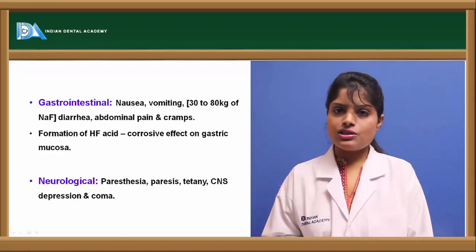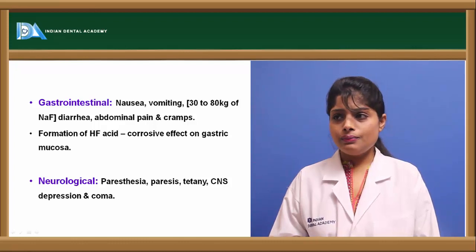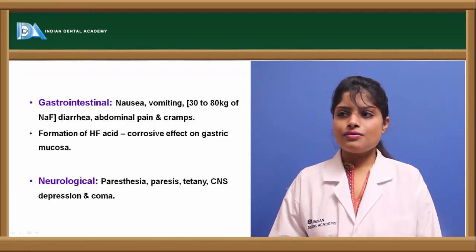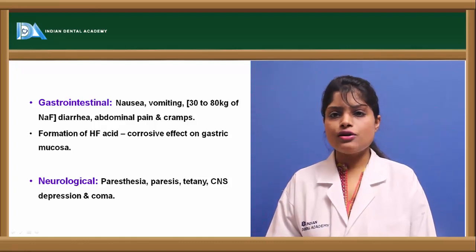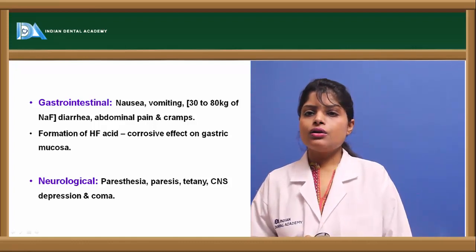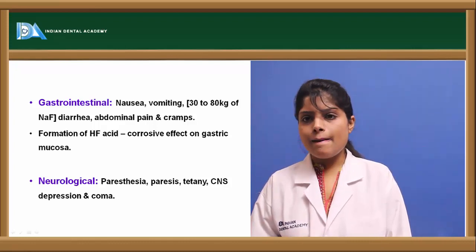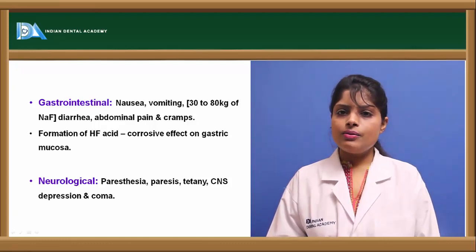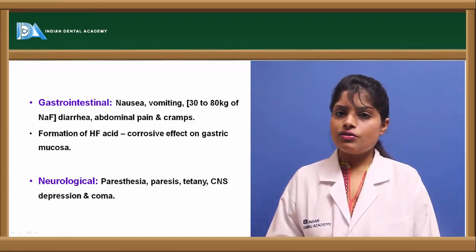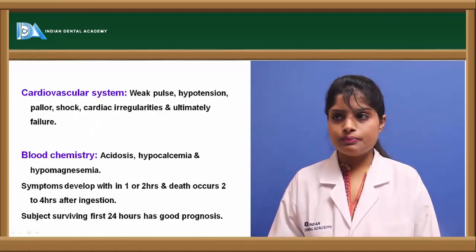The gastrointestinal effects will be nausea, vomiting, diarrhea, and abdominal cramps, and there will be corrosion of the gastric mucosa because of the hydrofluoric acid. The neurological signs will be depression in the central nervous system, paresthesia, paresis, tetany, and lack of expansion of the muscles. Even it may lead to respiratory system arrest.